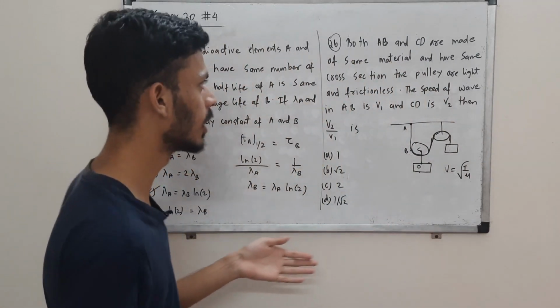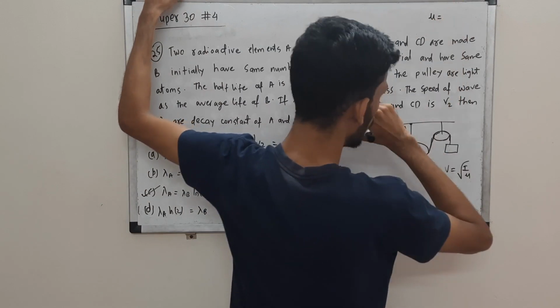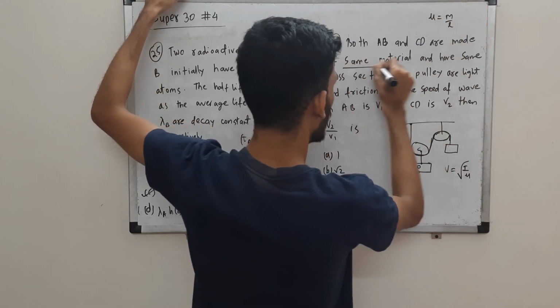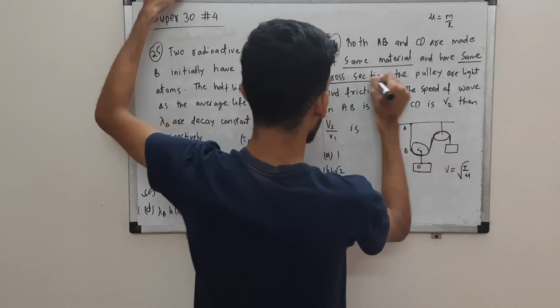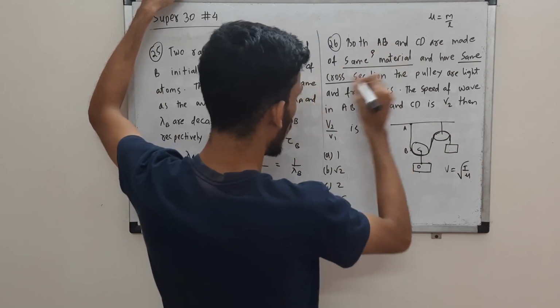Mu will be same for both the cases. Don't you agree with me on that? Because mu is mass per unit length, right? We are given that the wire is made of the same material and has the same cross section area. Same material means same density, and A is same.